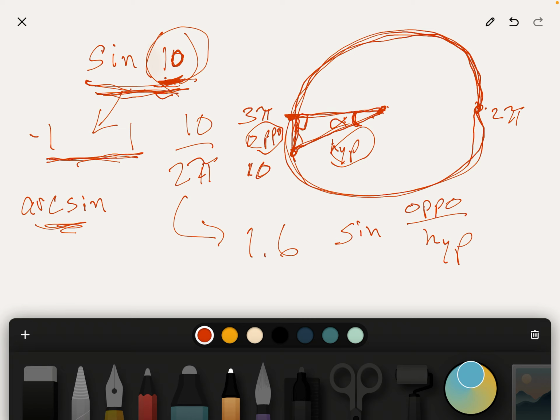You can't take the arc sine of 3, for example. Doesn't make any sense. This brings you back to an angle. In fact, in this case, it brings you back to angle alpha. But equivalently, it brings you back to 10. So there you have it.